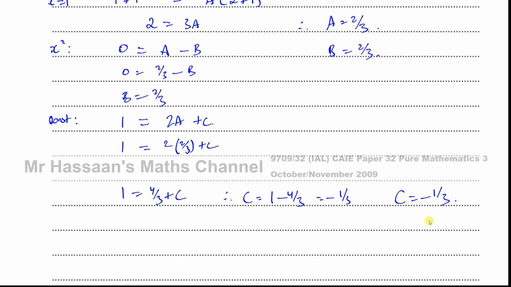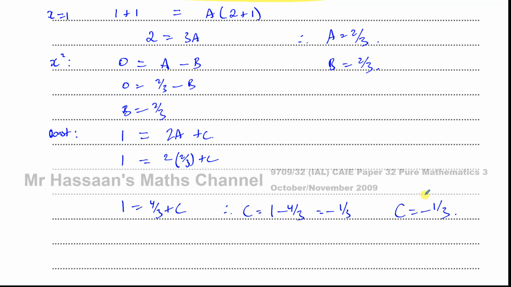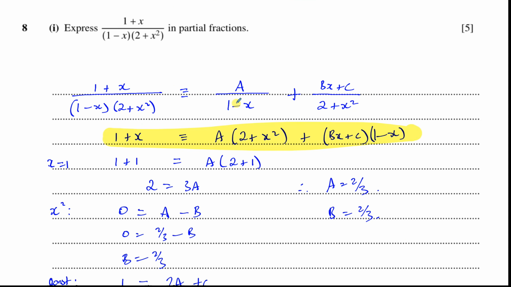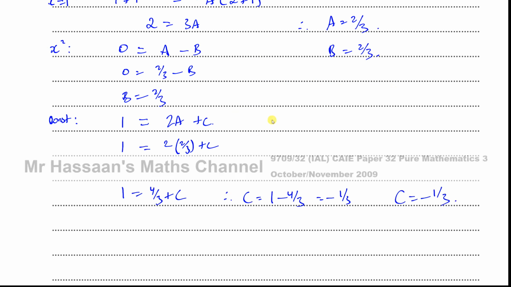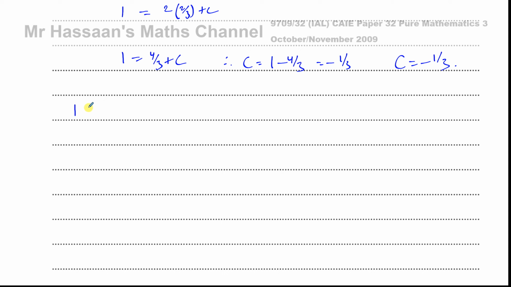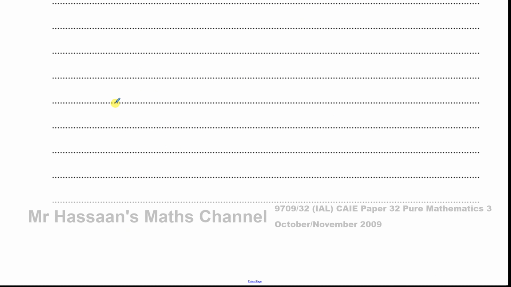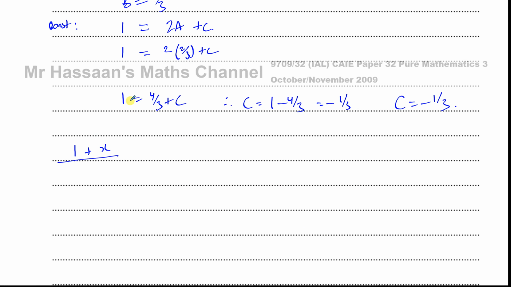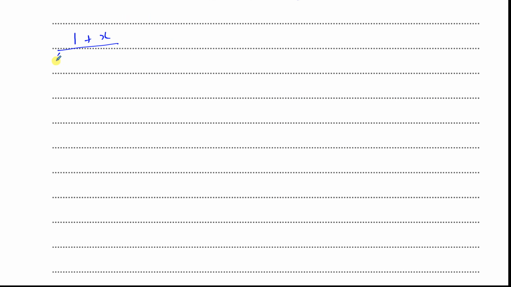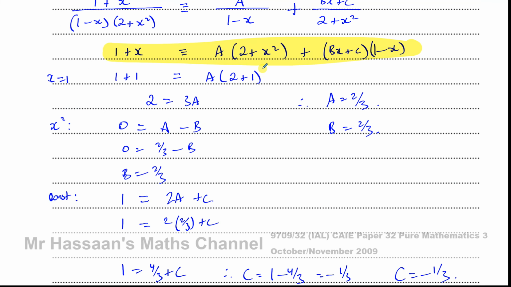So if you get confused by that, if you look at the mark scheme for this, I'm pretty sure that this is correct. Okay, so let's put it in the right form so that we can write our answer in a proper fashion. So you have 1 plus x over 1 minus x times 2 plus x squared is equal to, and we had a, which I'm going to write here as a over 1 minus x, so a is 2/3.